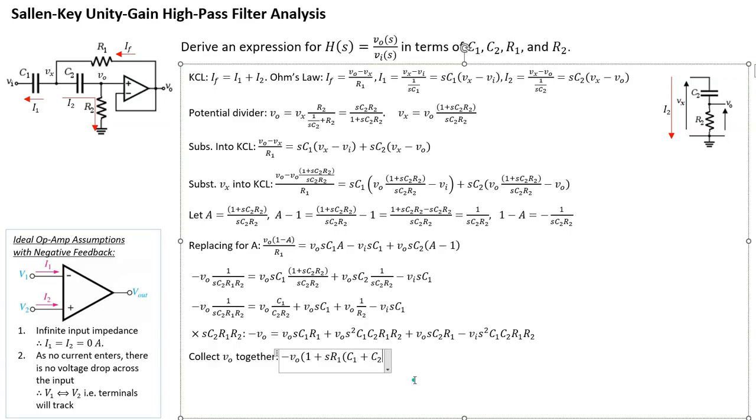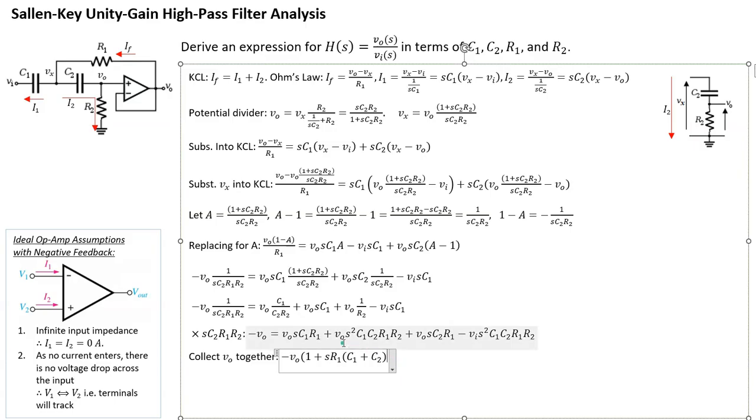These two combined, this one and this one. When it goes to the other side, they both become negative, but because I'm putting a negative outside of the bracket here, they go back to becoming positive inside the bracket.